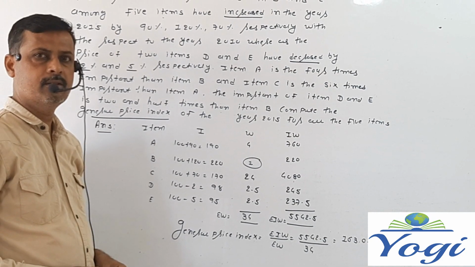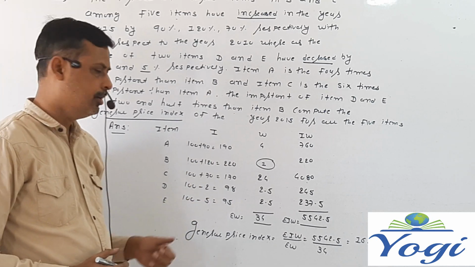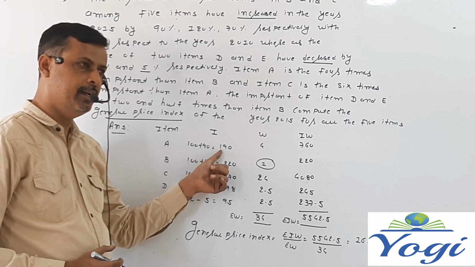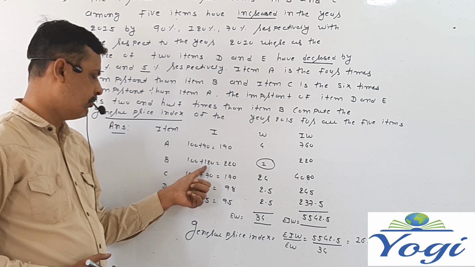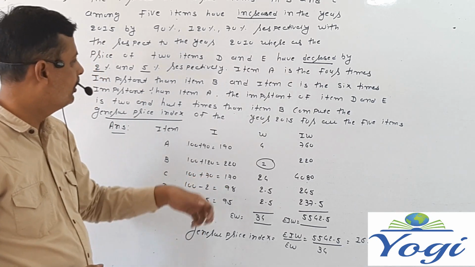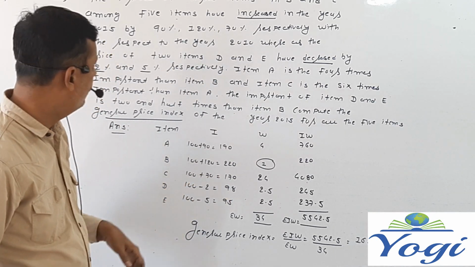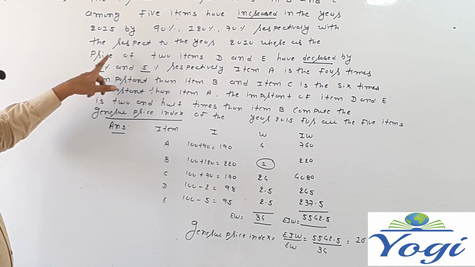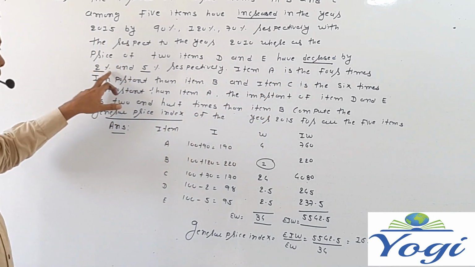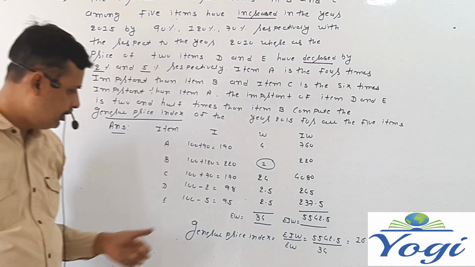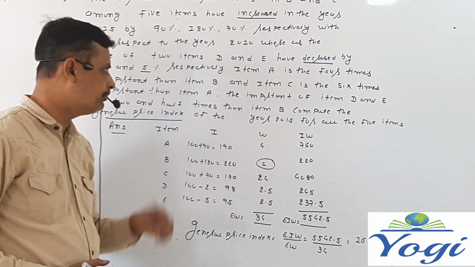The base year index is always 100. 90% increase, so 100 plus 90 becomes 190. 120% increase, so 100 plus 120 becomes 220. 70% increase, so 100 plus 70 becomes 170. The prices of 2 items D and E have decreased by 2% and 5%, so 100 minus 2 becomes 98 and 100 minus 5 becomes 95.